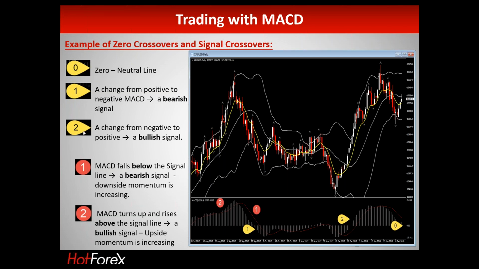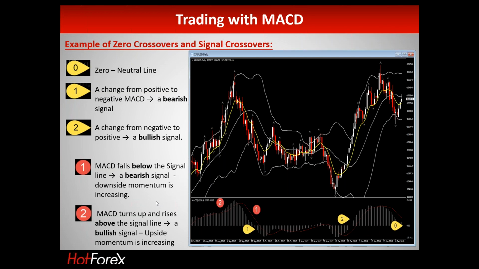The second point is over here, where we have a change in MACD from negative to positive. So that's a bullish signal, and indeed that's what happened. It turned positive, and this was confirmed by this sharp upwards movement up to this area over here, $1367 for gold.